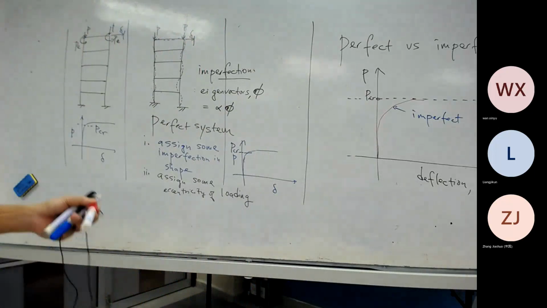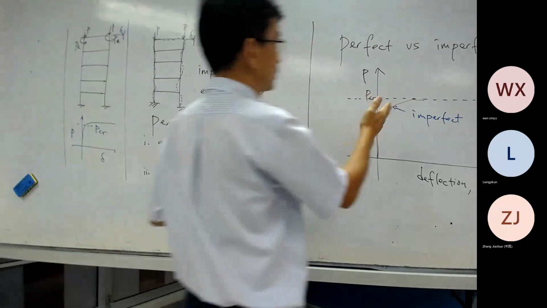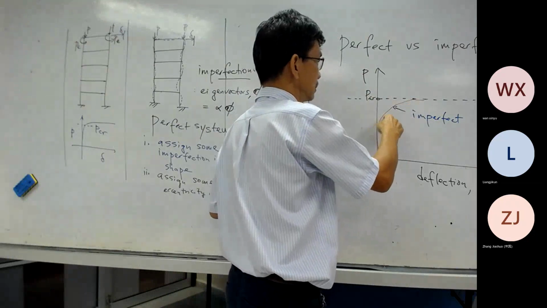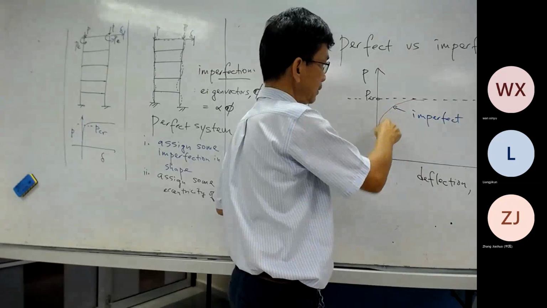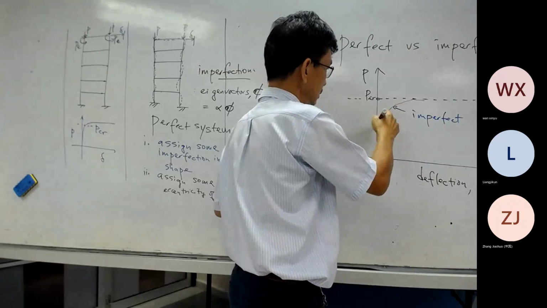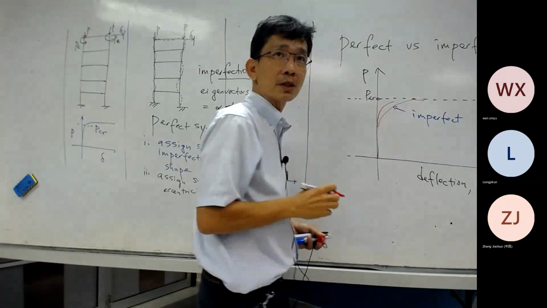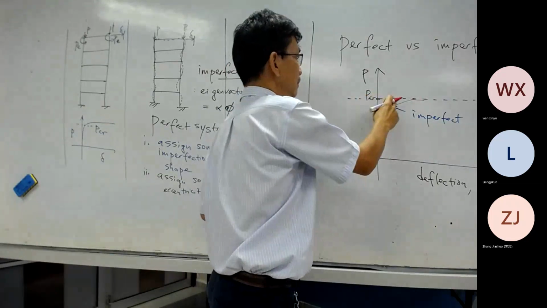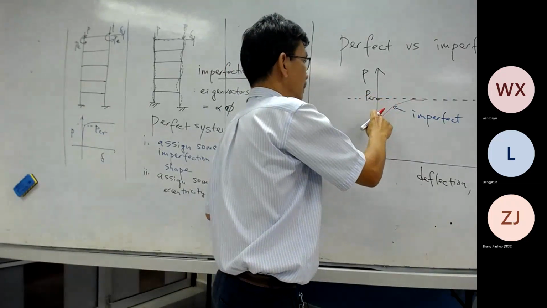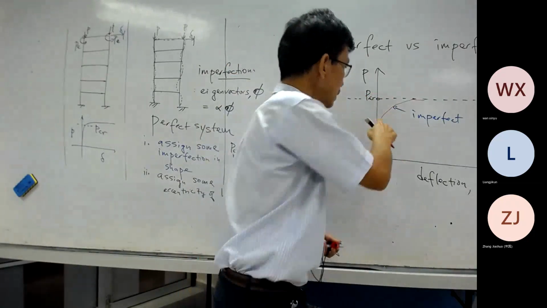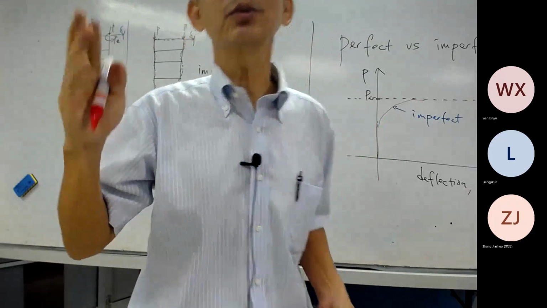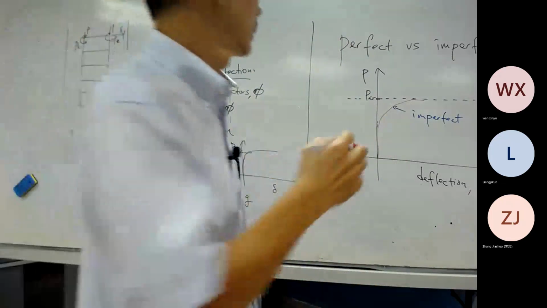Up where? Is it up this curve? If you draw here, the perfect one, where is the corresponding curve if I ask you to draw the perfect one?